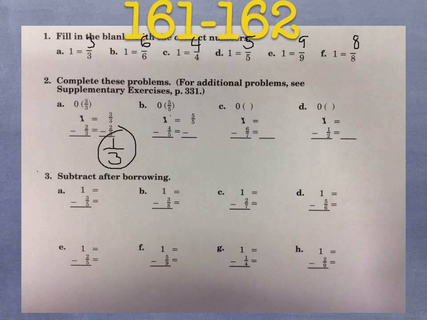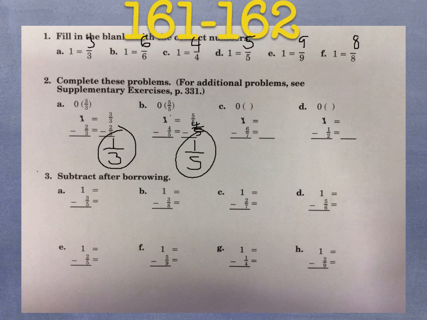And remember, they could have made it any number they wanted, as long as it was the same numerator, top number, and denominator, bottom number. And they chose 5 since there was a 5 being used right there. So they moved the 1 into 5 over 5 and moved it that way. And we need to now move our 4 over 5 this way. 5 over 5 minus 4 over 5 leaves us with 1 over 5.